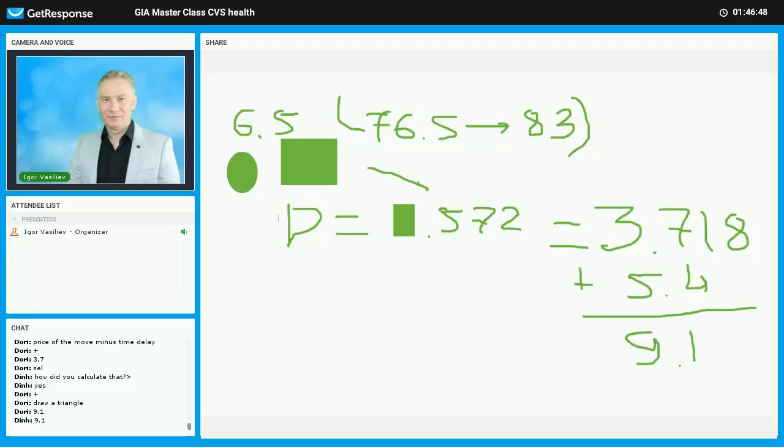Okay. And what's the percentage return here? So we get 3.718.